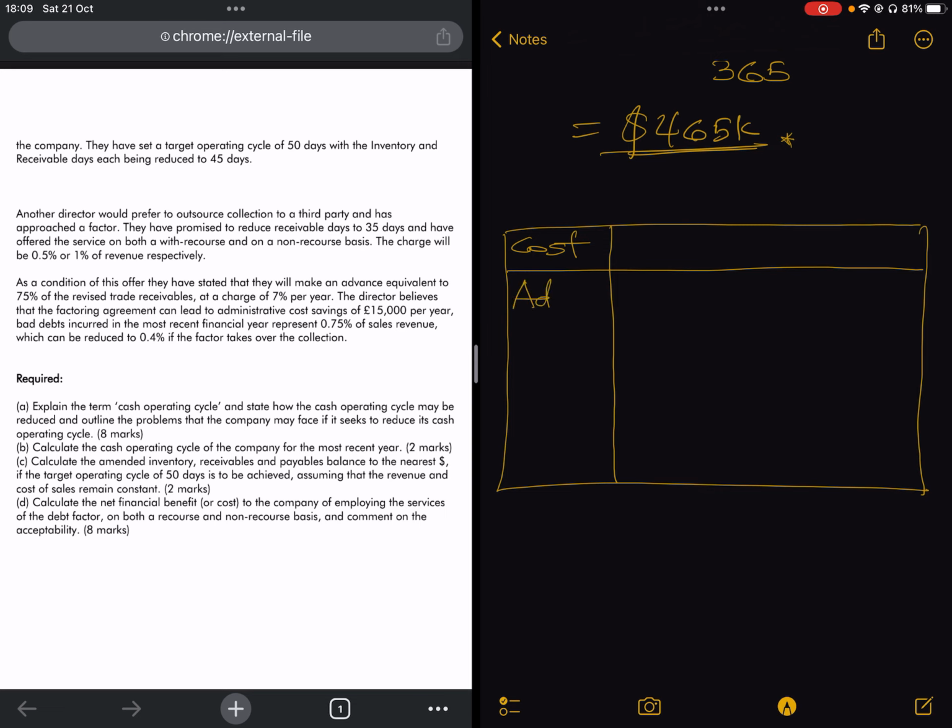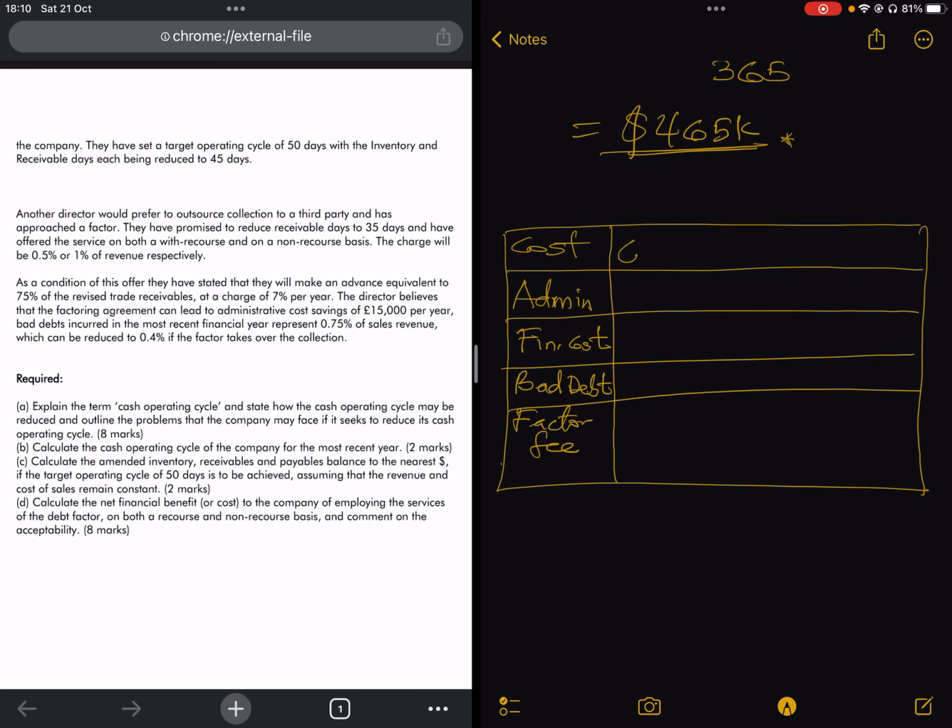There is admin, there is finance cost, there is bad debt, and because we are employing a factor now to help us, and that job is not free of charge, there will be factor fee. So for all these four costs, you're going to do this for me.